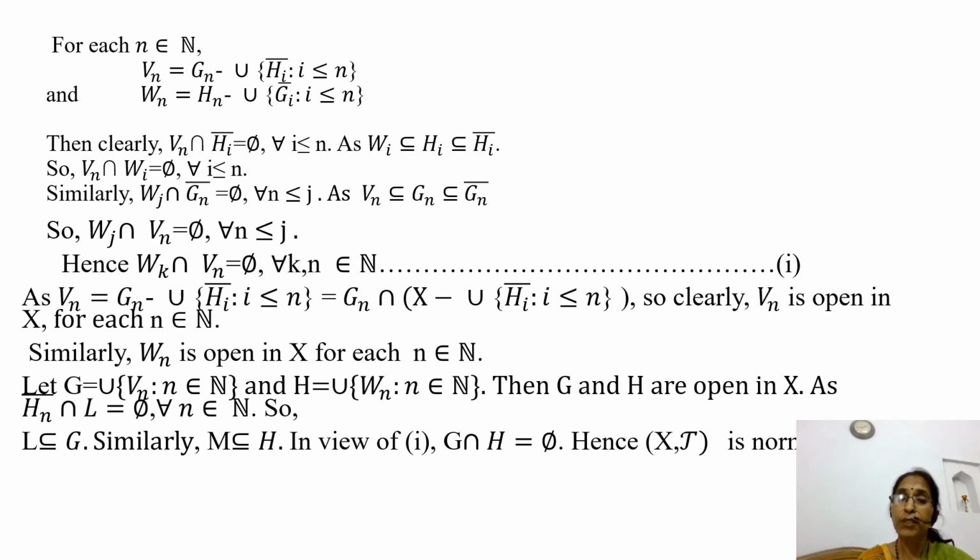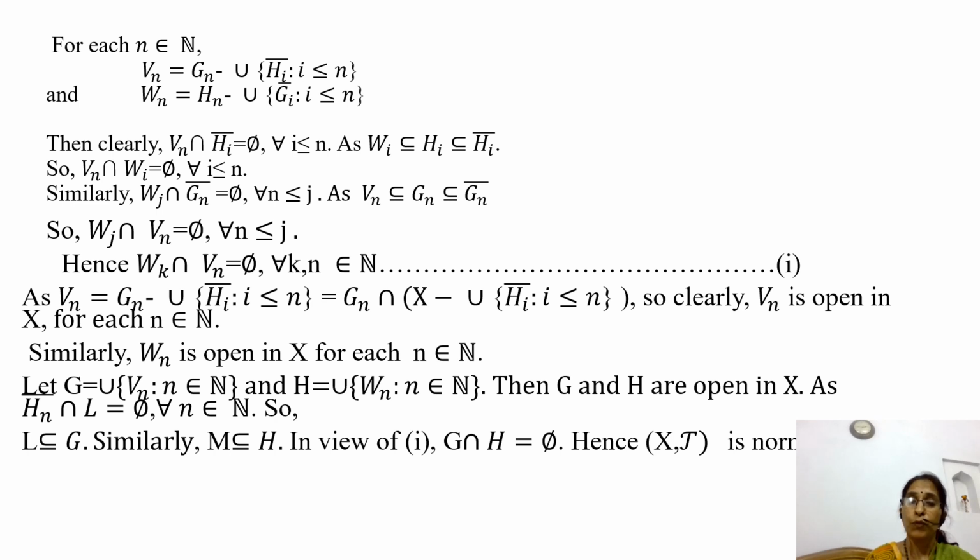And we define Wn equal to Hn minus union of Gi closure where i is less than or equal to n. Then from the definition of Vn, we find that Vn intersection Hi closure is equal to phi for all i less than or equal to n, because Vn is obtained by removing Hi closures for i less than or equal to n.